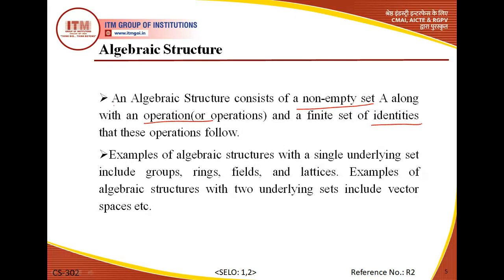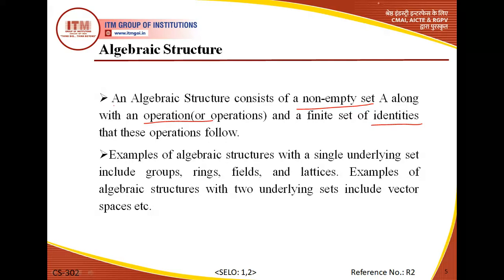We have a set with an operation. Suppose we are taking the set as the set of integers, and we are taking the operation as addition. So we are performing addition on what set? On the set of integers. That is an example of an algebraic structure.